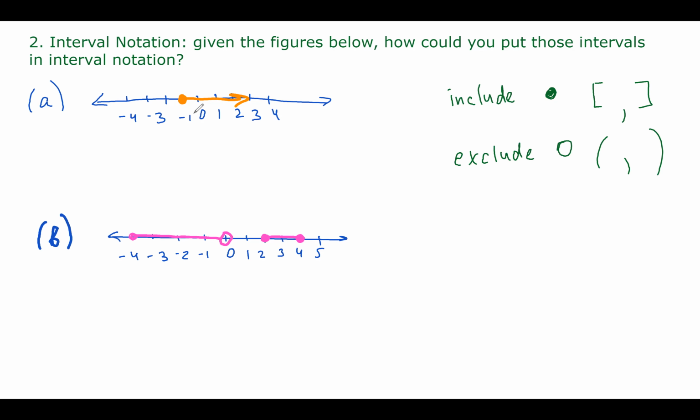Shaded means take it, and the circle not shaded means don't take it. But we still are left with the parentheses and the square brackets when we put the answer in for the interval notation. So think about the A and B.